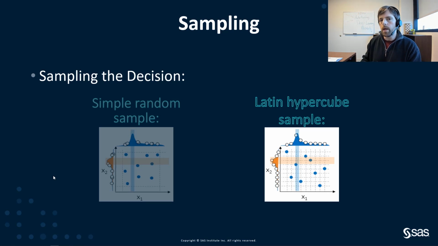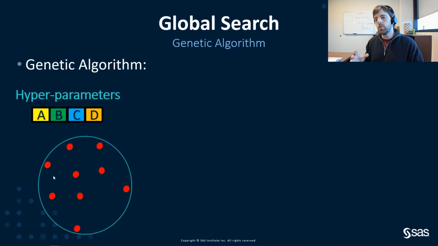Now the global method that we're going to detail is a genetic algorithm. So for a genetic algorithm, we first have to sample the decision space. So what sample method should we use? We're going to use a Latin hypercube sample. So we use a Latin hypercube sample and we come up with decision point values.